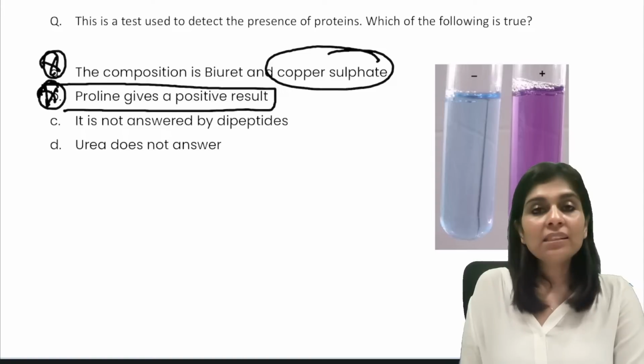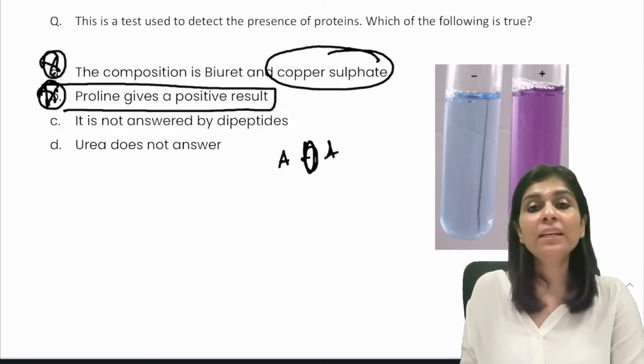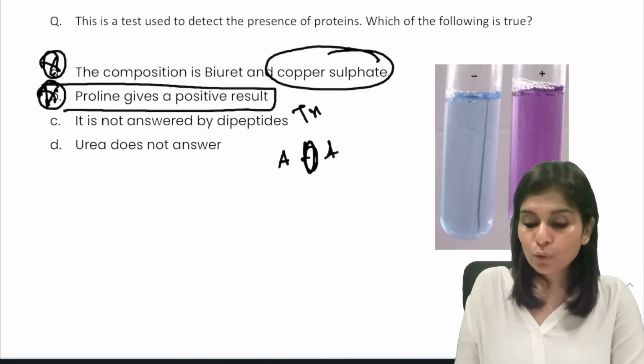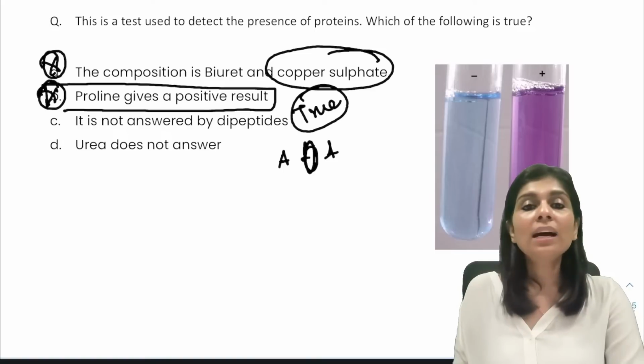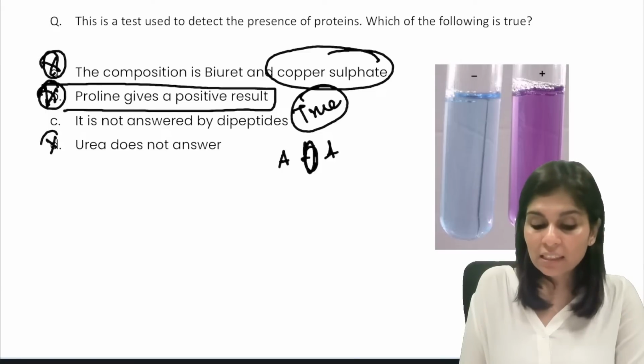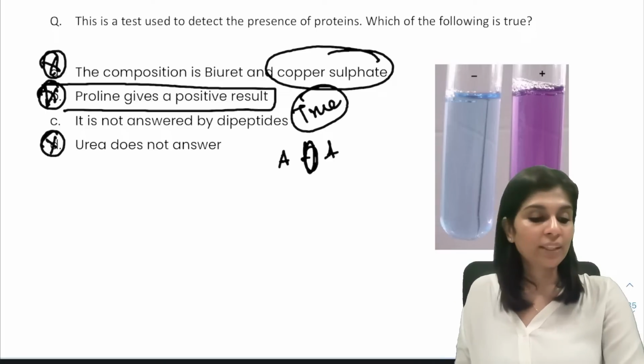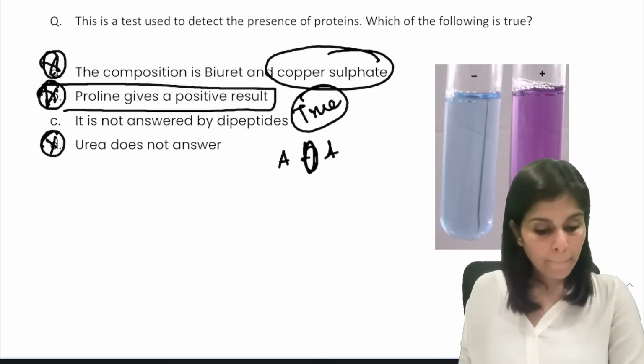Next, it's not answered by dipeptides. That is true. What are dipeptides? They have two amino acids linked by only one peptide linkage. So this is a true statement: the Biuret test is not answered by dipeptides. Urea does not answer this test is false, because urea on heating can answer the Biuret test.